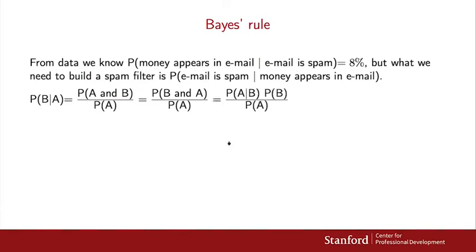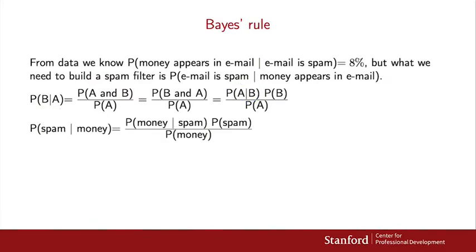And what I get is this: probability of A given B times probability of B divided by probability of A. So what this simple calculation does for us is it computes the probability of B given A in terms of the probability of A given B. And that's exactly what we need for the above problem.